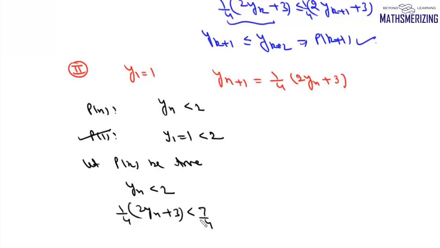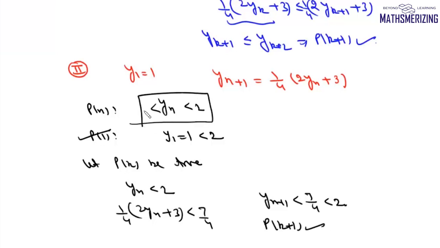So we'll get yk plus 1 is less than 7 by 4, which is less than 2. So that means pk plus 1 is also true. So from mathematical induction we can say that this sequence is a bounded sequence where each and every term is bounded between 0 and 2.